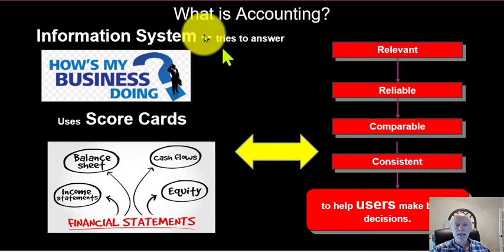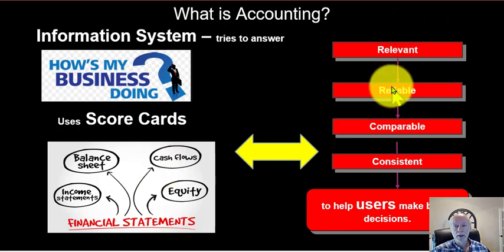Now, these statements have to be relevant and reliable. They've got to be comparable, and they've also got to be consistent. If they're not all of these things, then these statements are not going to be helping the user make decisions. And that's what it's all about, helping this business person, whoever they are, make better business decisions.